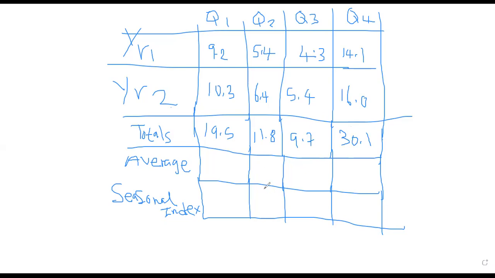So the average there is 19.5 divided by 2, which is 9.75. 11.8 divided by 2 is 5.9. 9.7 divided by 2, 4.85. 30.1 divided by 2, 15.05.